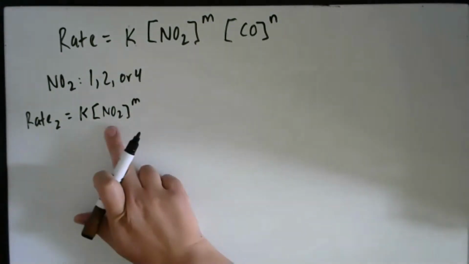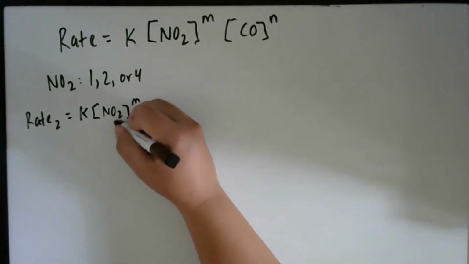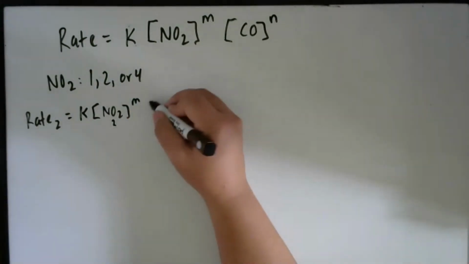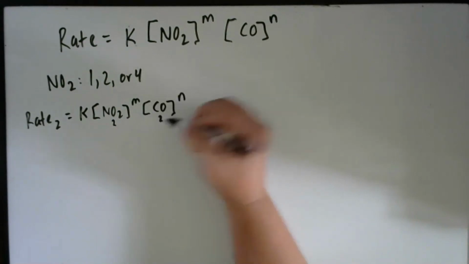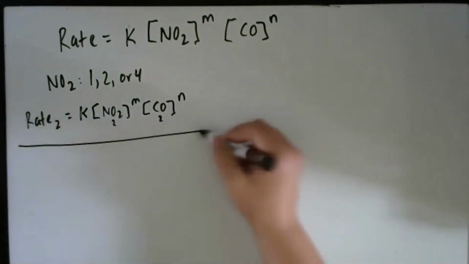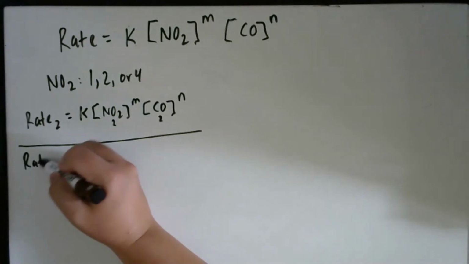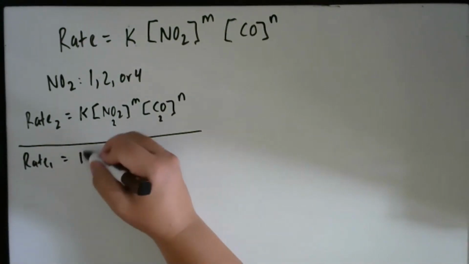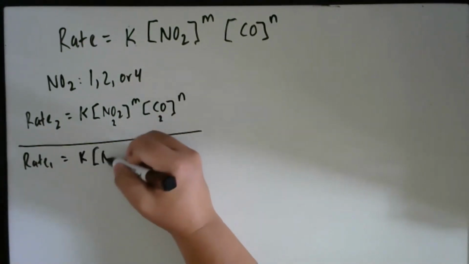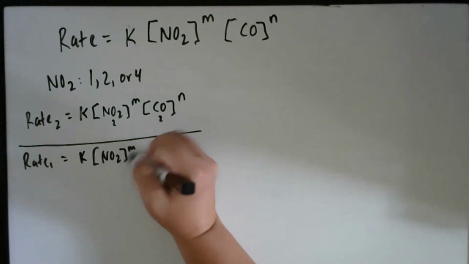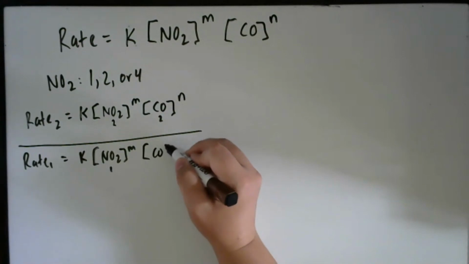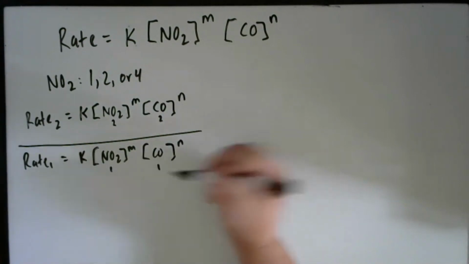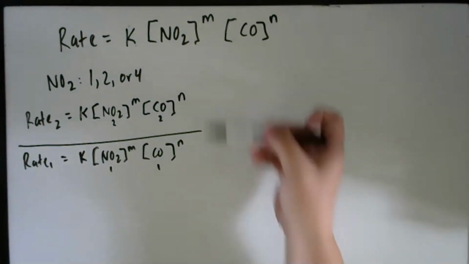This concentration value for NO2 is going to be specific to trial 2, times the concentration of CO for trial 2. And we're going to divide that by rate 1 equals k times the concentrations for trial 1.